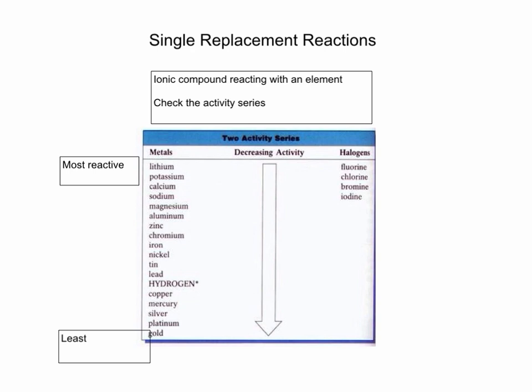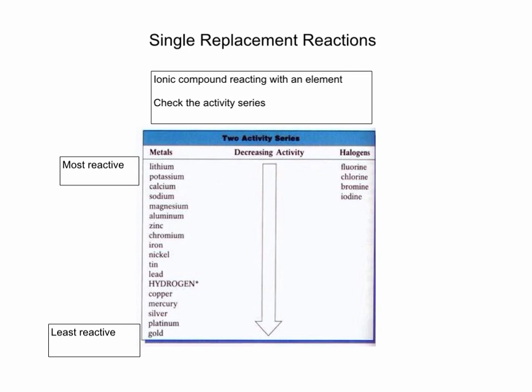At the bottom of the chart, we have the elements that are least reactive. So gold would be the least reactive metal. This is why gold is often used in jewelry, because it doesn't react very easily. A lithium piece of jewelry would be rather useless, because as soon as it hit oxygen or water, it would instantly react and you would have a problem.